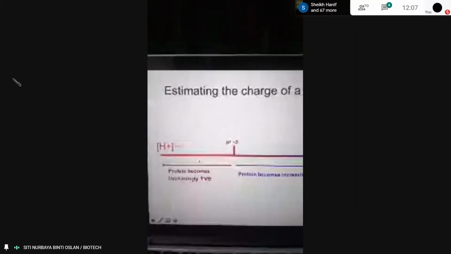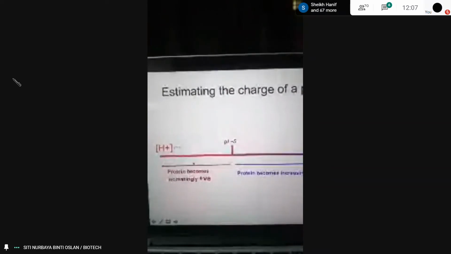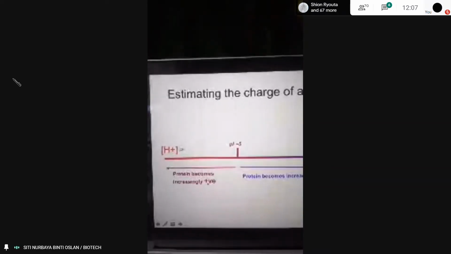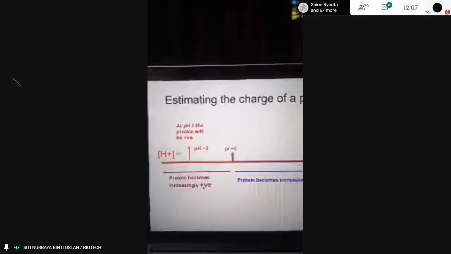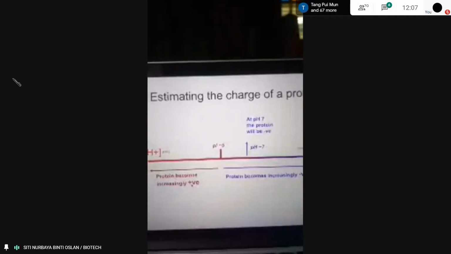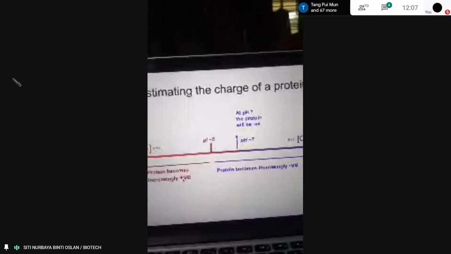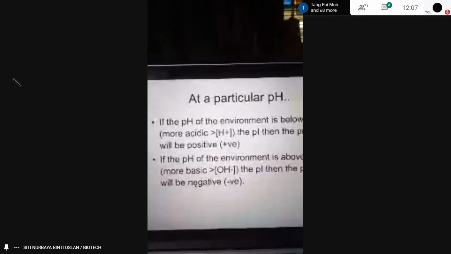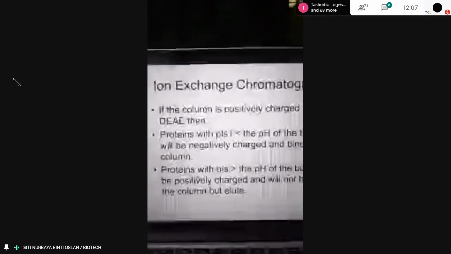At lower pH, with more acid, the protein will become positively charged. At pH 3 the protein will be positive, at pH 7 the protein will be negative. Yeah, we have discussed this.